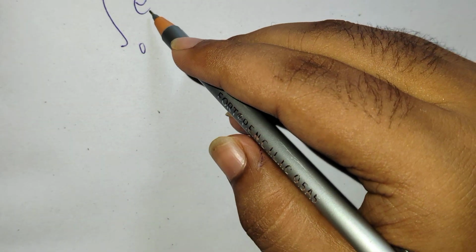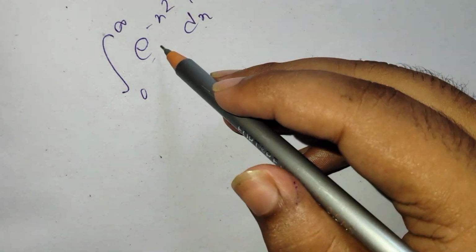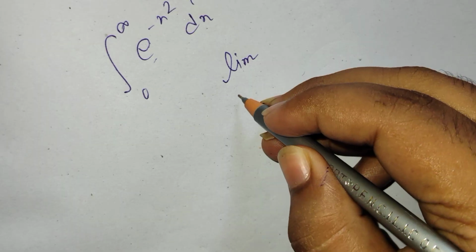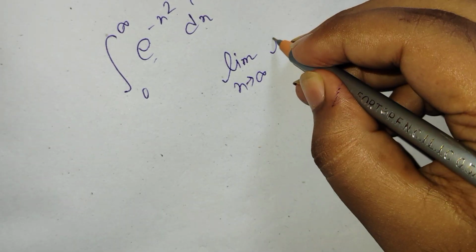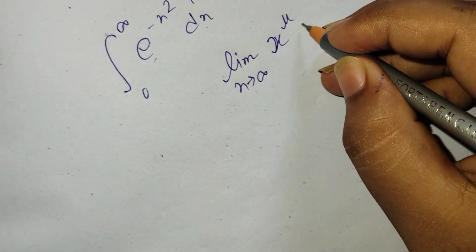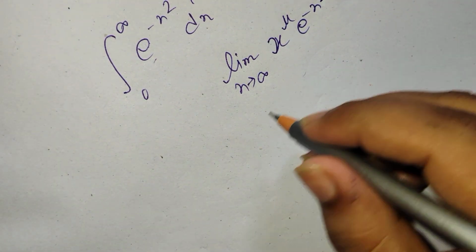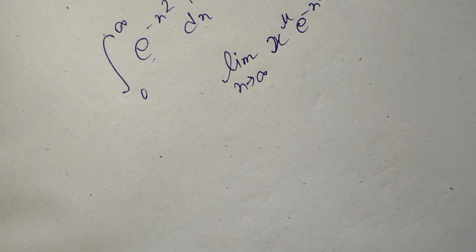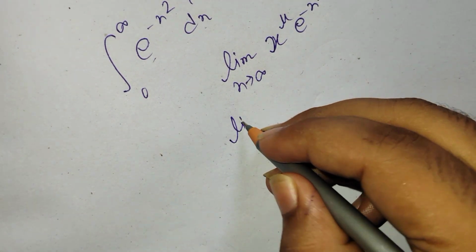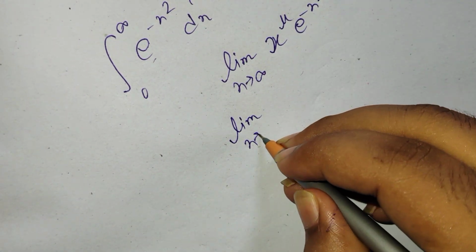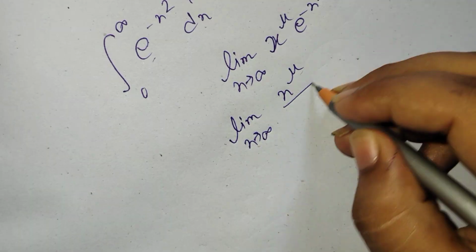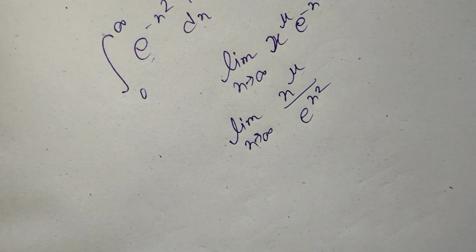In that case we can see there is an exponential function, so limit x tending to infinity x to the power mu e to the power minus x square. Now basically we have to take mu so that the limit will exist. This is x to the power mu over e to the power x square.